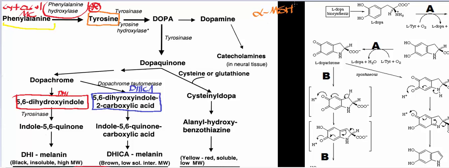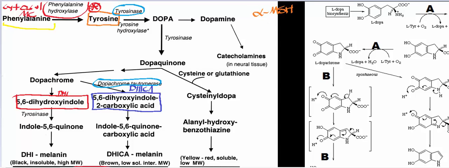But the main two enzymes we're concerned with in melanin synthesis are these two that I'm going to circle in a vibrant color, light blue. These enzymes are called tyrosinase, arguably the most important of both of these, and then also this enzyme called dopachrome tautomerase, and sometimes you'll hear it referred to as dopachrome isomerase.